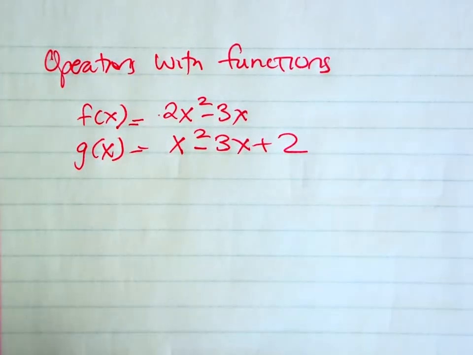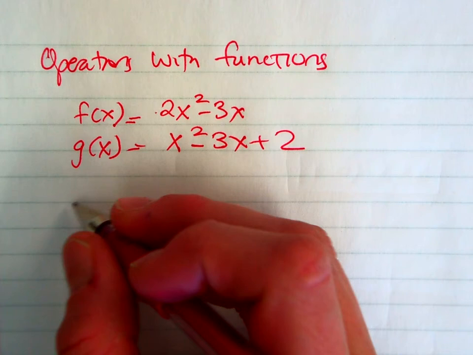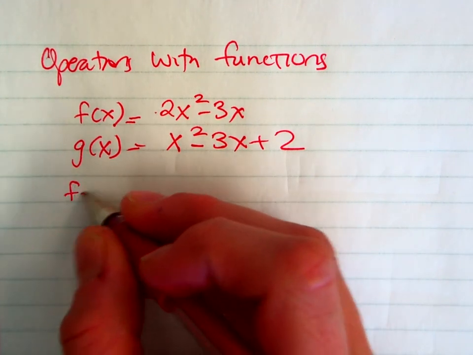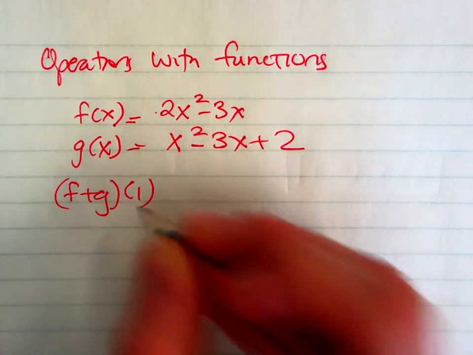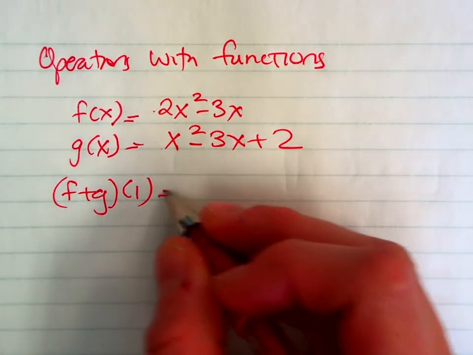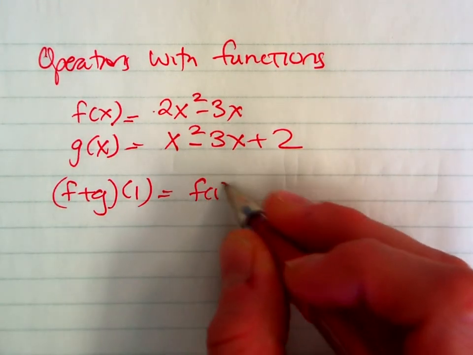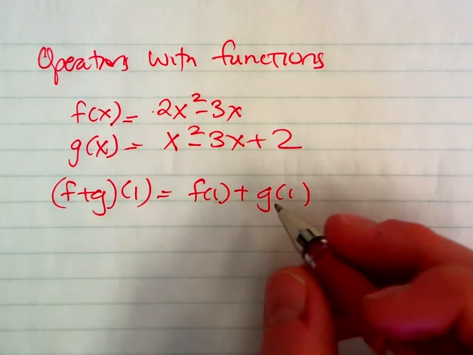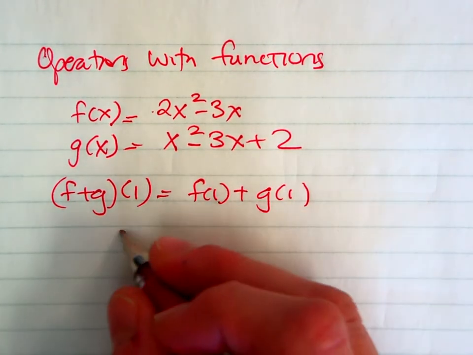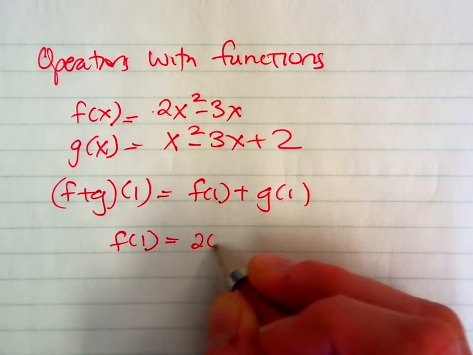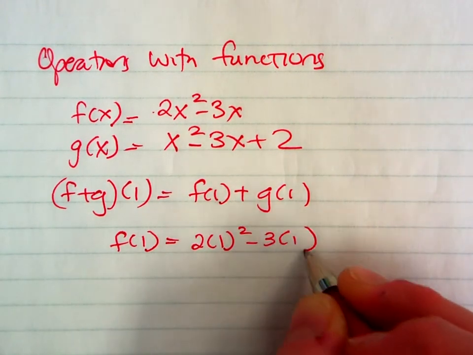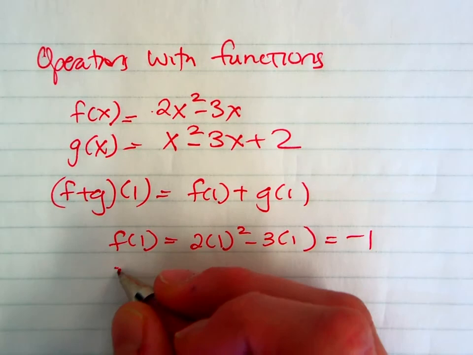So we can do a couple of things here. The first thing we can do is we can just say maybe find f plus g of 1. And that would basically mean that I find f of 1 and g of 1 and then I add them together. So f of 1 is 2 times 1 squared minus 3 times 1. It's negative 1.